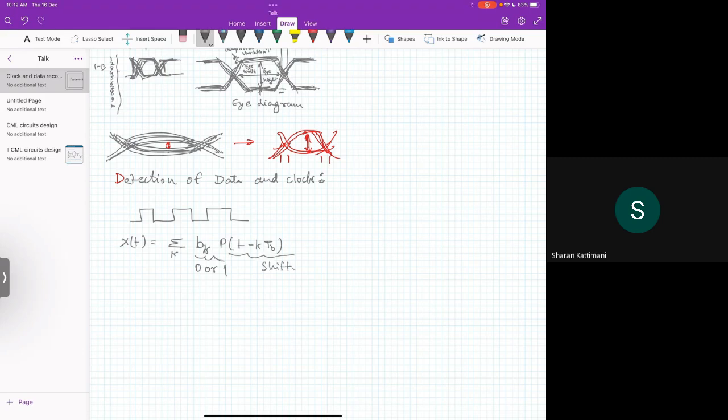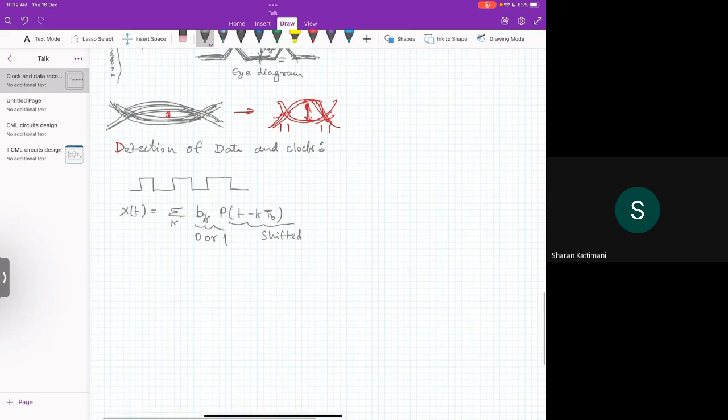So ultimately this data will be in the form of either a 0 or 1, or the shifted version of the first samples. If we want to further characterize it, it is nothing but a simple waveform like this.